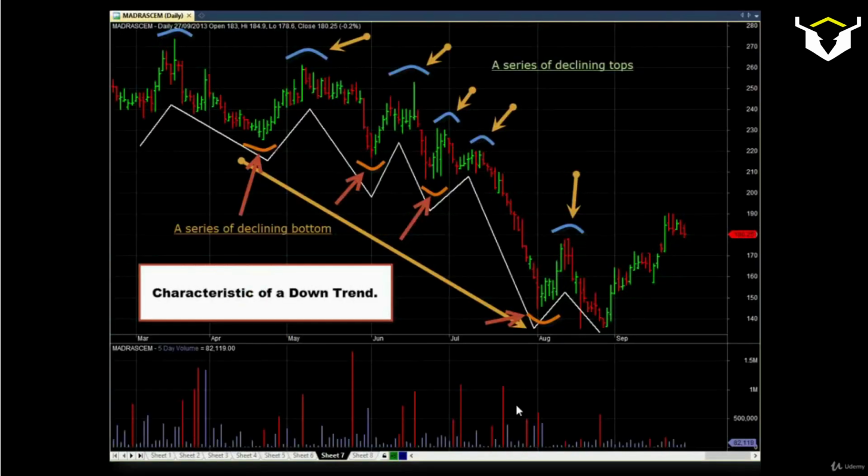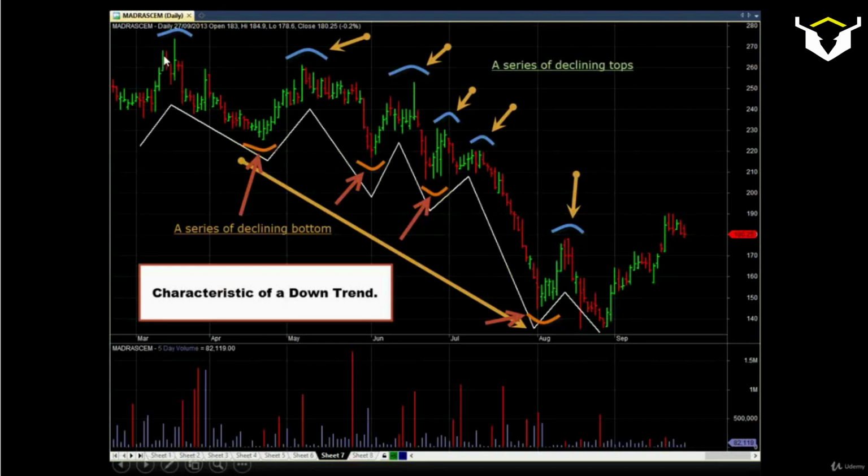Let's go ahead and take a real chart example. This is the Madras Cement chart for the year 2013. It covers data from March 2013 to September 2013. You can see this stock shows characteristics of downtrend where it has a series of falling tops along with a series of falling bottoms.